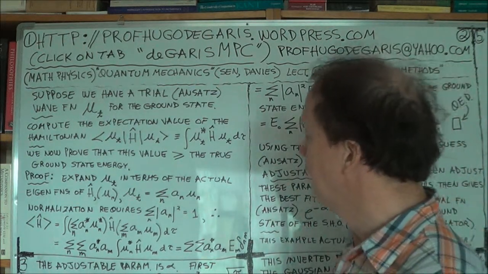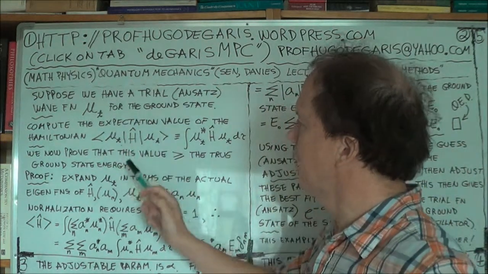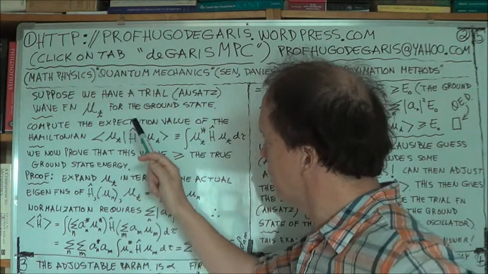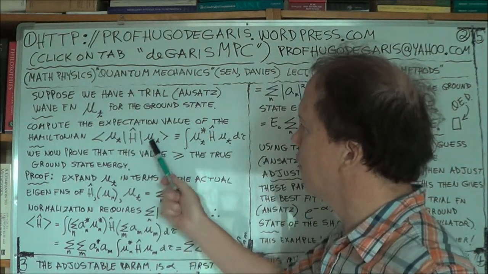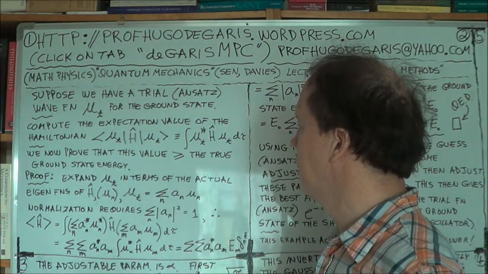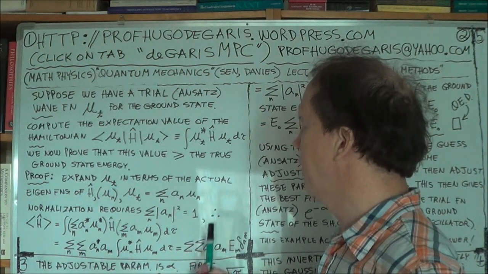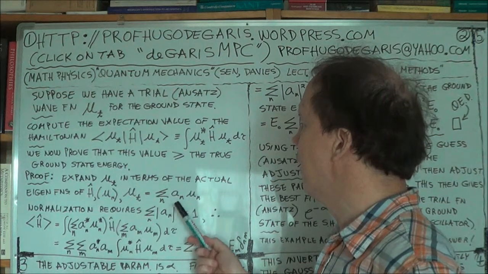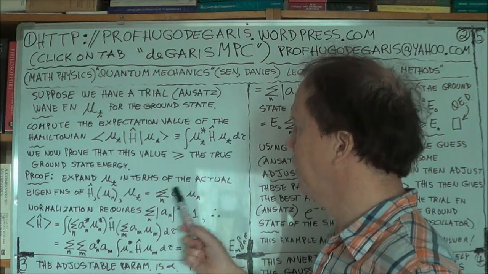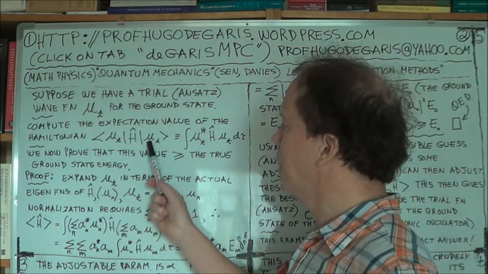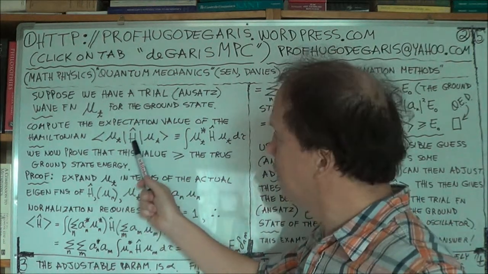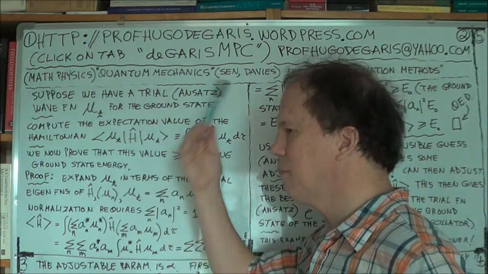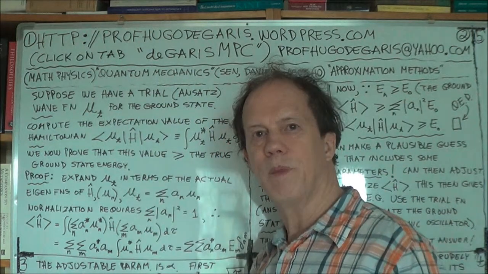Now, the expectation value depends on the two things: the operator and the wave function. We don't know what this wave function is, so let's assume that it's just some arbitrary wave function.